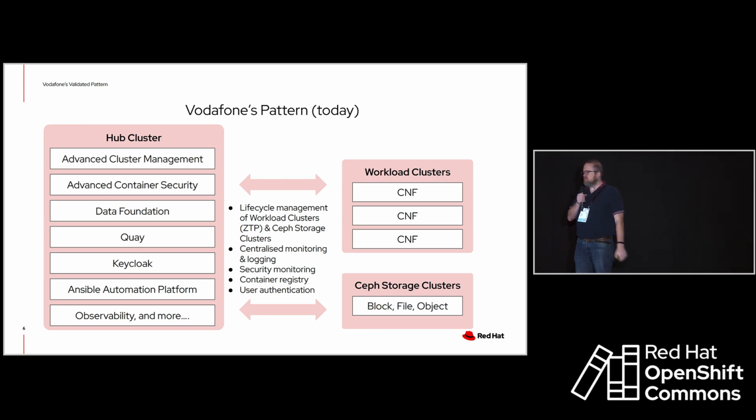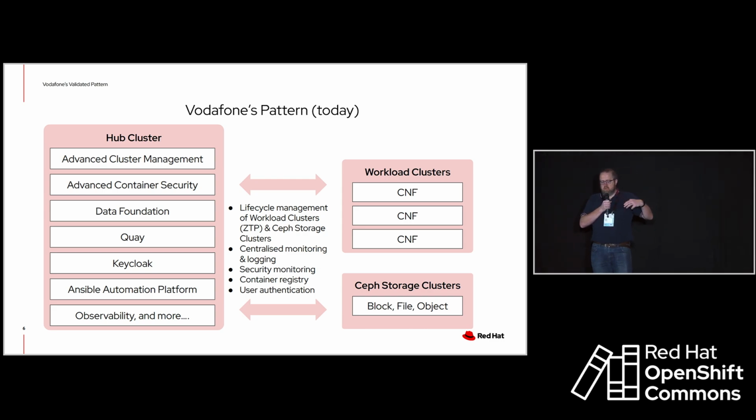And that's the same for Ceph as well. So all of the Ceph, Prometheus, and Vector components forward those metrics and logs to the hub cluster. And then further integrations occur from the hub cluster using Alert Manager and Loki Stack.